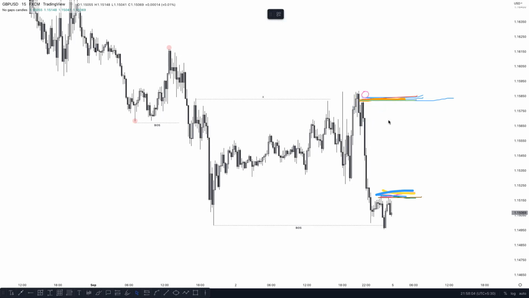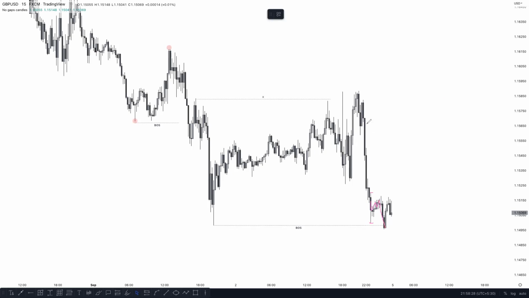The actual inducement is here. This one is not an inducement. Why? This is our low candle and high candle, which did not sweep, and this is our internal. This is not a valid pullback. Why? You know, the candle's high is here, the candle's low is here, and this is our internal.